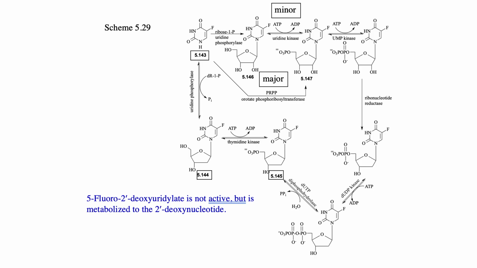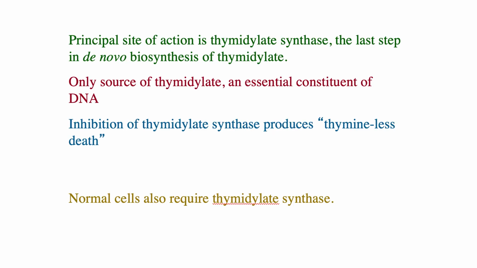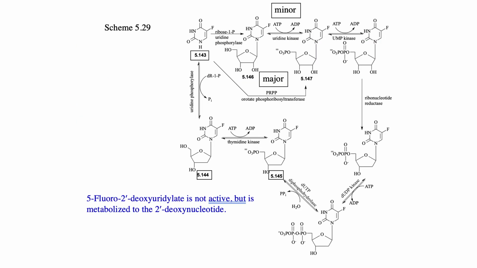Your body metabolizes it, so 5-fluorouracil is not active. Your body turns it into the active form of the drug, and it gets incorporated into your body. And when it does, it messes with nucleotide synthesis. It makes it so that your body thinks this is a thymidine.